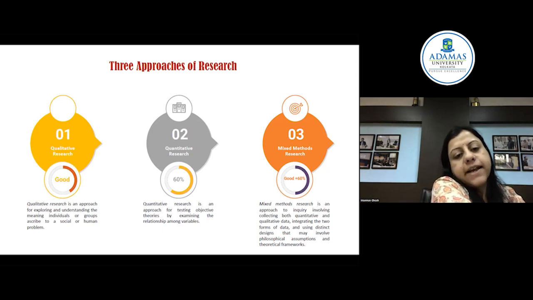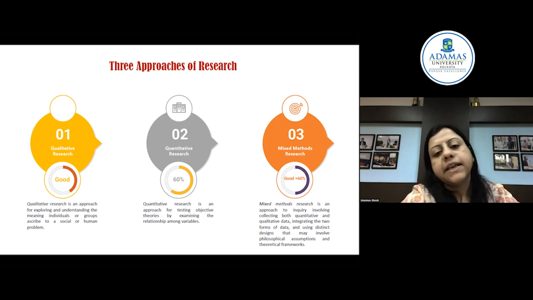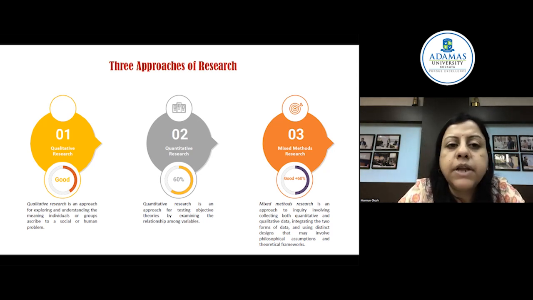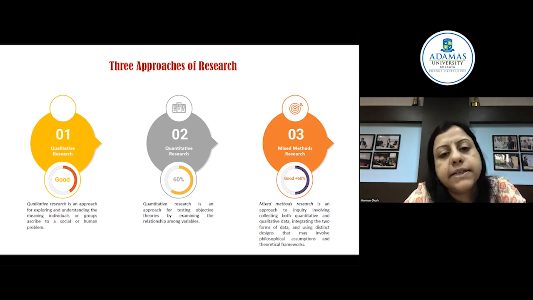So the next is, when you do a qualitative research, it means that it's good and you have done your basic exploration. Moving to quantitative research, nowadays when you are handling data sets and working on a research paper, merely doing quantitative research is not going to suffice. Your objective is to test some theories and examine the variables in the study.